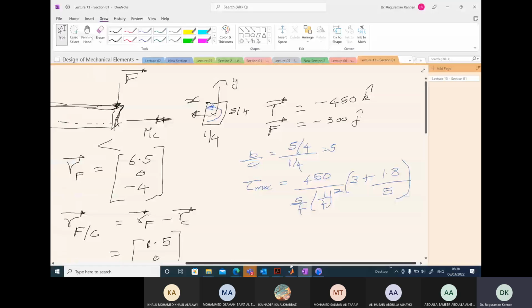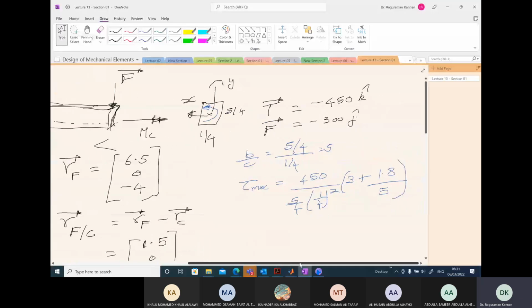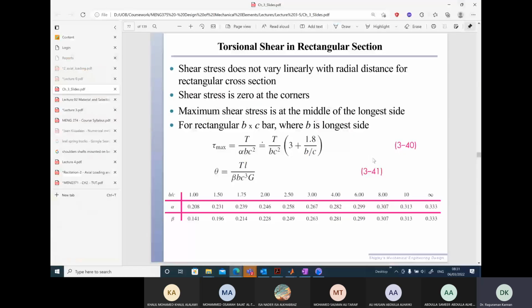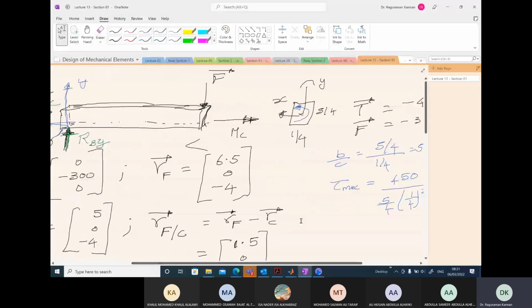But which component of shear stress? That also we need to see. Since we are taking the longer side, most probably the points of interest could be here or here. So one of these points. And in these points, the component is specifically going to be tau z.